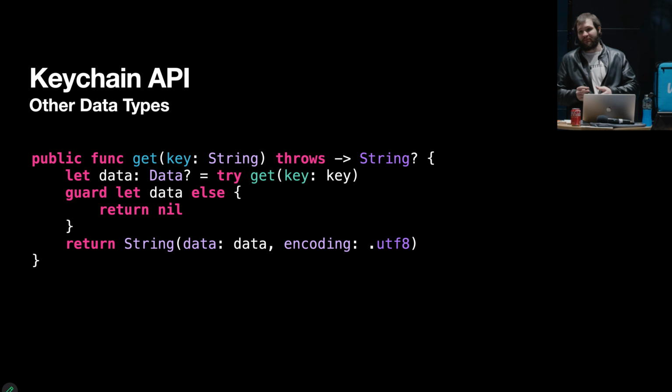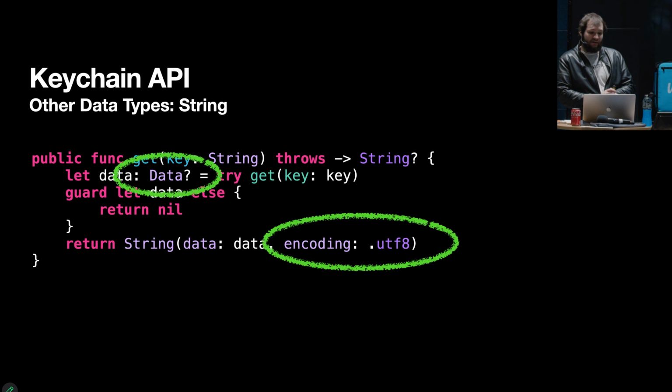And this is how you, for example, might convert a string to data, just using a normal initializer that tries to encode, or get data and decode it into a string. You specify the encoding and try to request the data. If you get something, you try to decode it and pass it to the client.